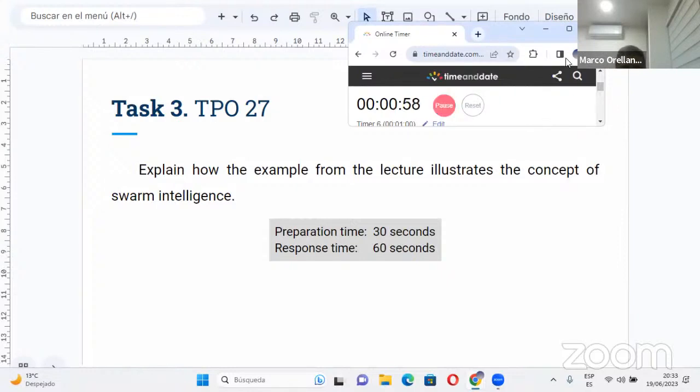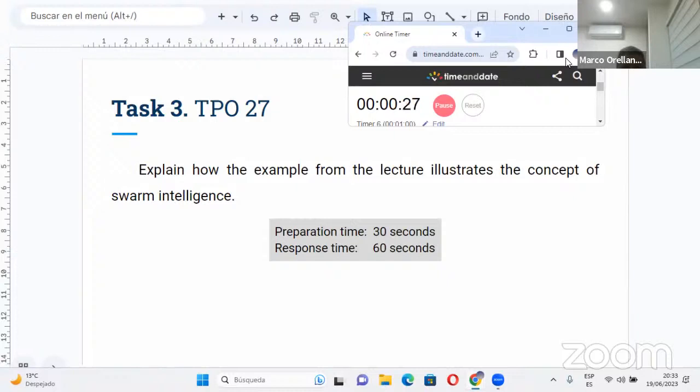According to the passage, swarm intelligence is a complex behavior that insects typically accomplish when they need to accomplish some complex task.